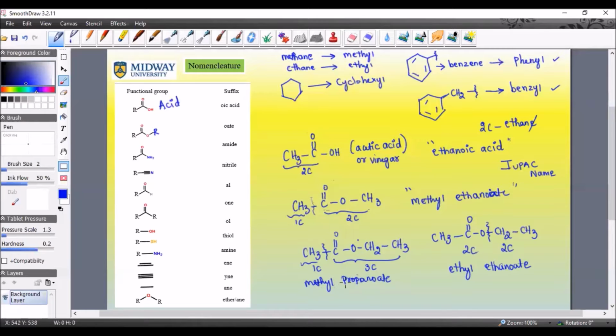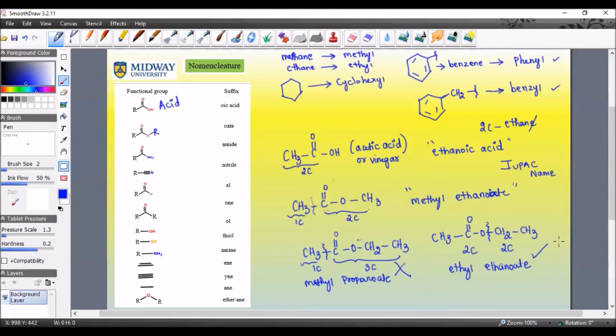So that means it should have been propyl methanoate, but we cannot split it as propyl. It would have to be split here, where I put it right here. You cannot split it here. It has to be on either side of the functional group, not within the functional group. So methyl propanoate is not possible. Only ethyl ethanoate is possible. Does that make sense?